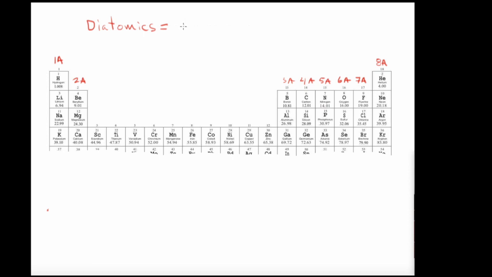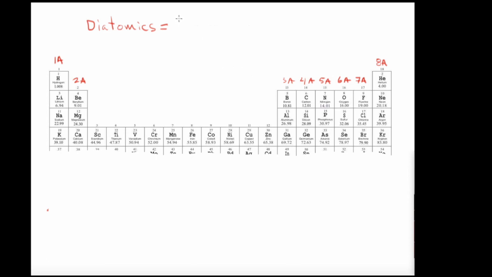You really have to know the diatomics in order to write balanced chemical equations, because in any chemical reaction, and I'm going to put that in words in a minute, in any chemical reaction, it's crucial that you use the particular nonmetals that are diatomics in their diatomic form.